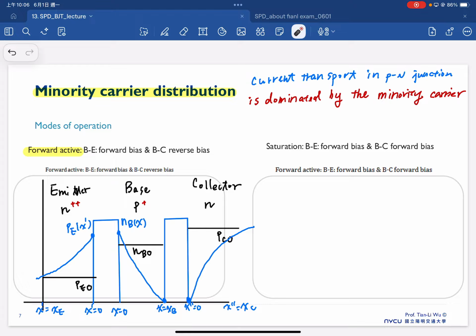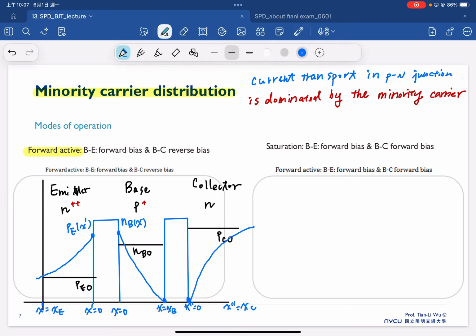But if you have the understanding coming from the p-n junction, I hope this will not be very difficult for everyone. Just take into consideration that in this case the base collector is under reverse bias. Since this is under reverse bias, the concentration at this location must be equal to 0.